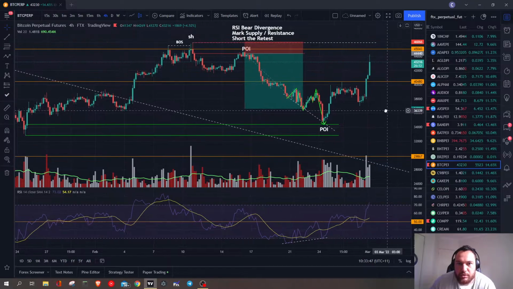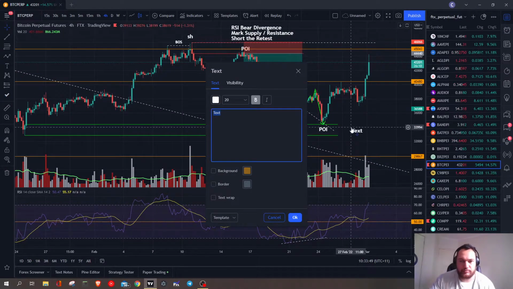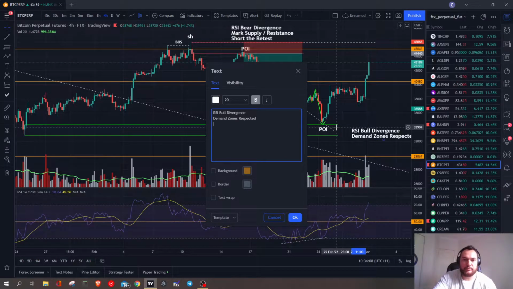So there is your RSI bull divergence, demand zones respected, and it's also a zone of support, I guess. Strength moving up.